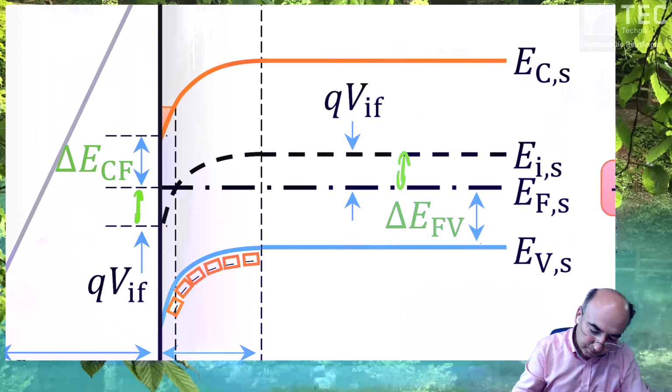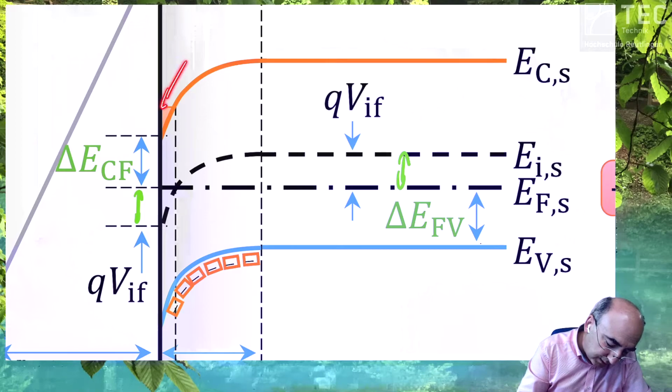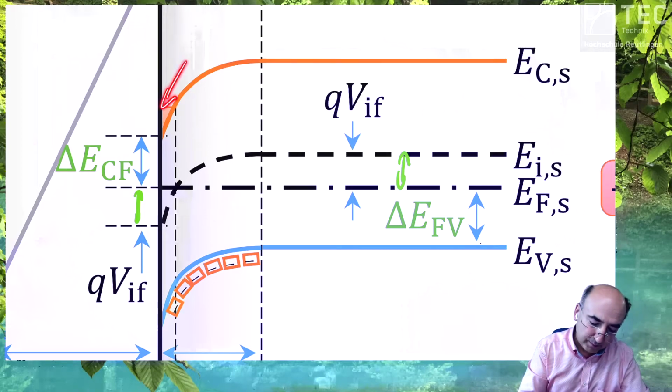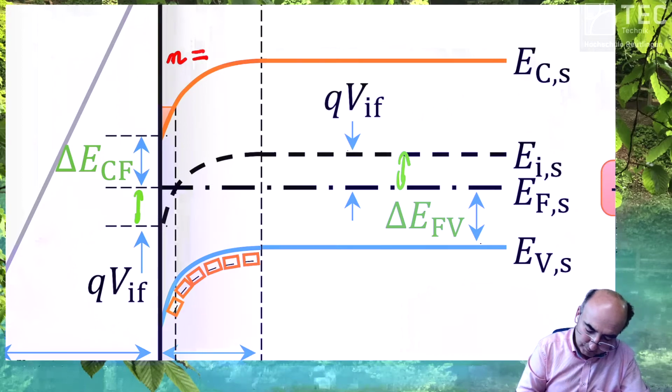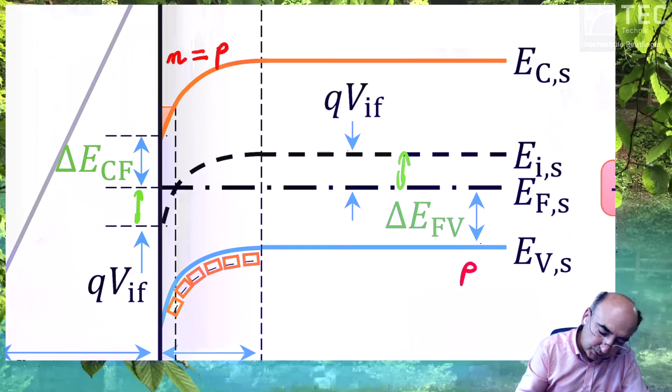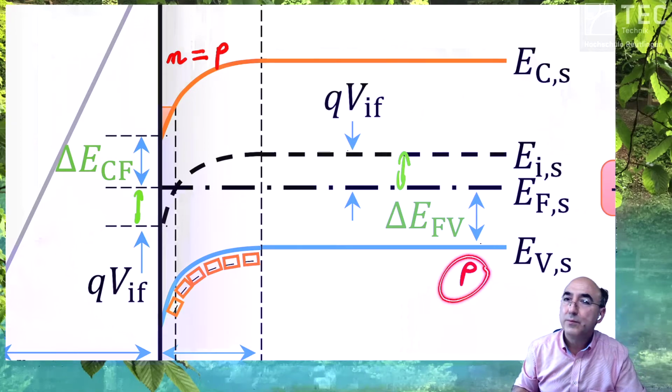That means that at the interface, your carrier concentration for electrons at the interface is equal to the carrier concentration of the holes in the bulk.